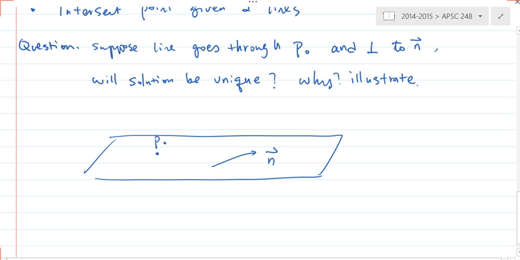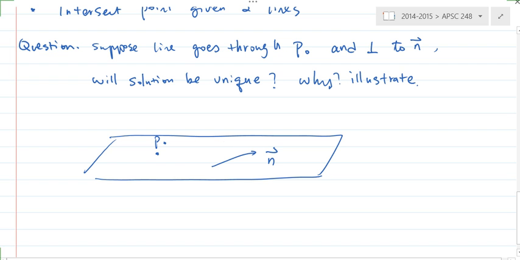The vector is free. That's the key point. So if the vector is free, will you have a unique plane solution? Actually, no, right? Because the vector could be here, could be here, could be here. The point is not going to move. So when you move the vector around, think about that.